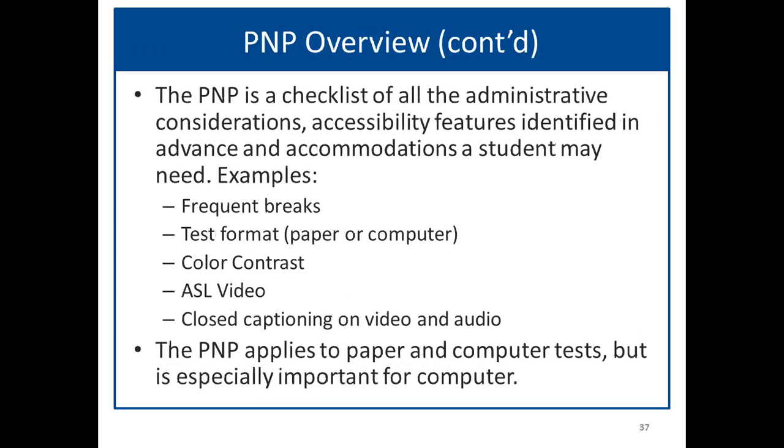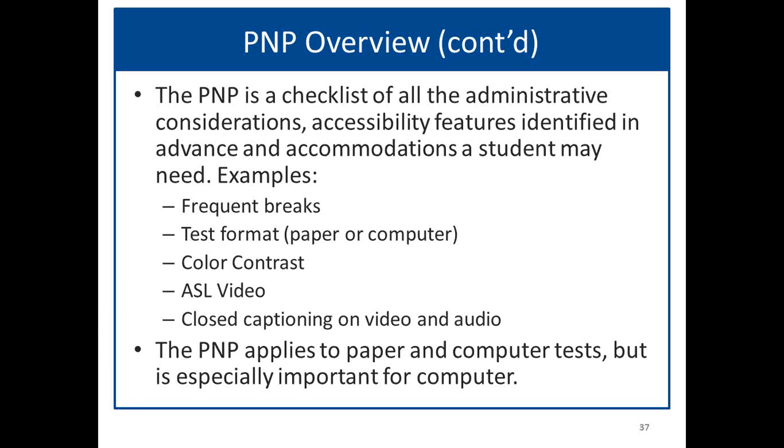So the PNP, when you look at it, is basically a checklist of all the administrative considerations, accessibility features identified in advance, and accommodations a student might need. Examples of things that are captured in the PNP include frequent breaks, test format, things like color contrast, that's an example of an accessibility feature, ASL video, which is an accommodation, closed captioning on video and audio, that's also an accommodation.